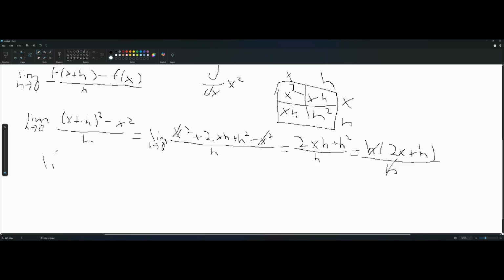So now if we take the limit as h approaches 0 of 2x plus h, that is just equal to 2x. So we could just say the derivative of x squared is equal to 2x.